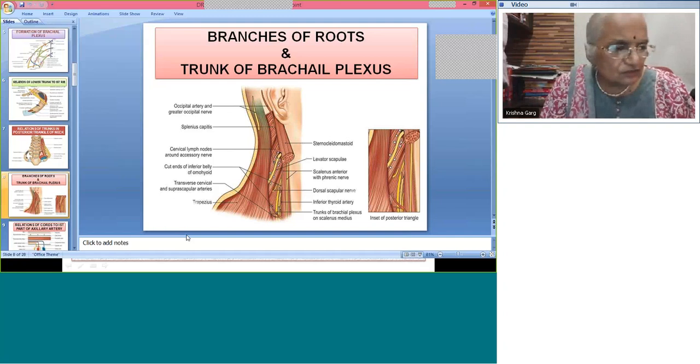The C7 and C8 rami of the brachial plexus are the largest. C5 and T1 are the smallest. Motor fibers are seen maximum in C5 and C8 segments. Sensory fibers are maximum in C7 segment. The posterior divisions of upper trunk and middle trunk are largest, whereas posterior division of lower trunk is smallest.